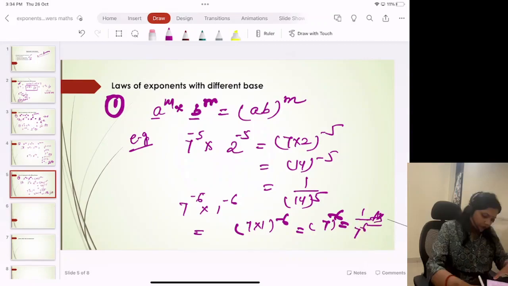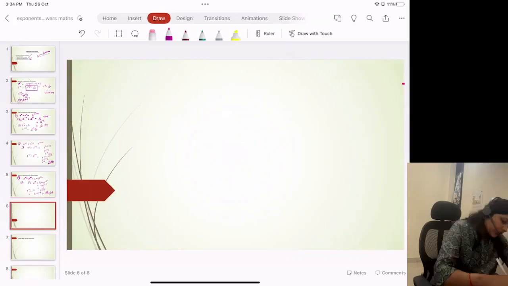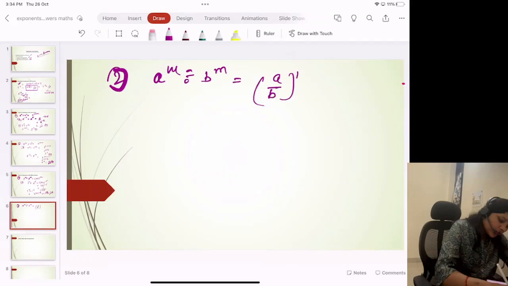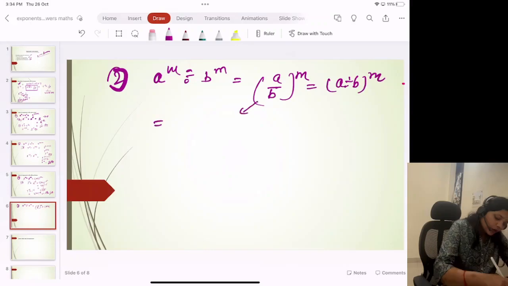Clear? Okay. Now let us see the second property. Second property is like this. a to the power m divided by b to the power m. It becomes (a/b) to the power m, also meaning a to the power m upon b to the power m.